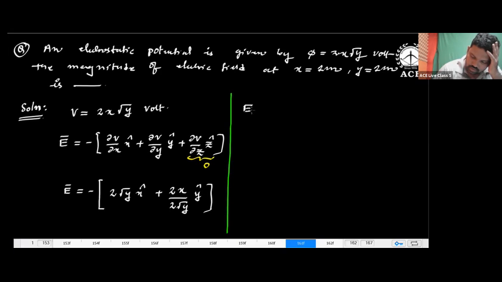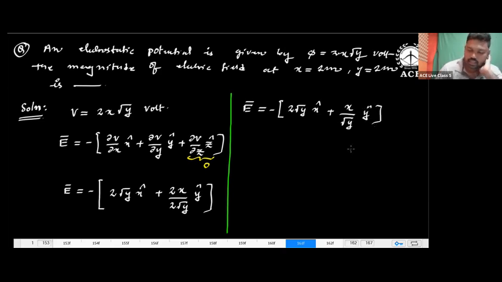E is equal to minus 2 into square root of y x cap plus x by square root of y. He is asking at a particular point, at x is equal to 1 meter, y is equal to 1 meter.